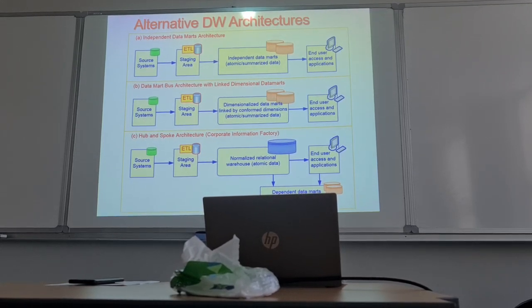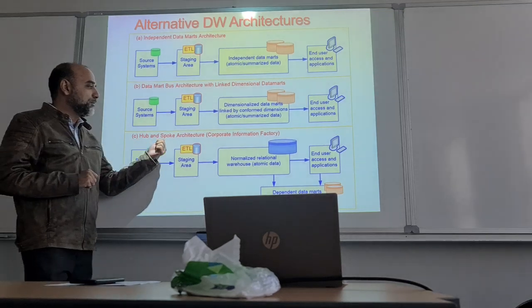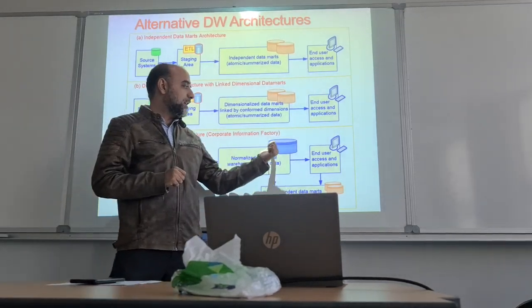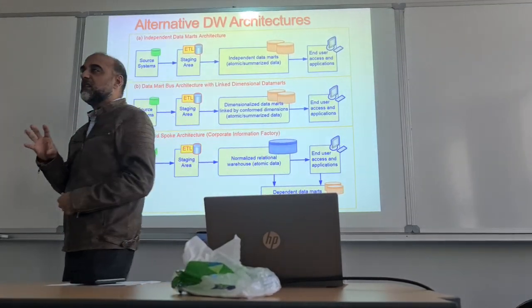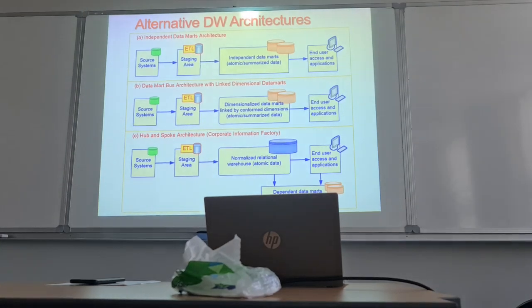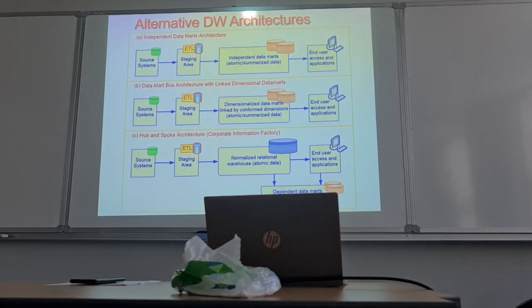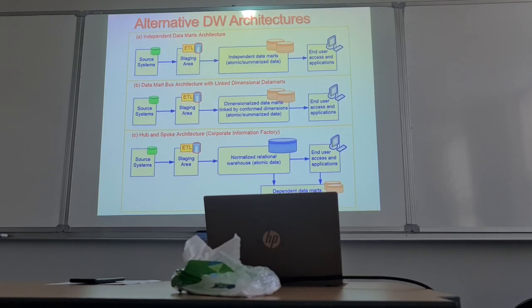But then there was a third one, which is called hub and spoke, where we have a central command kind of main relational database. Whenever I say relational database, you need to think about the databases that you studied in MIS 309. The ones with relationship tables and everything, right?